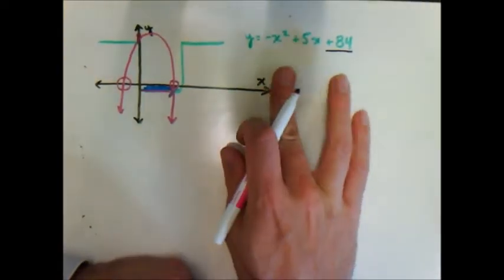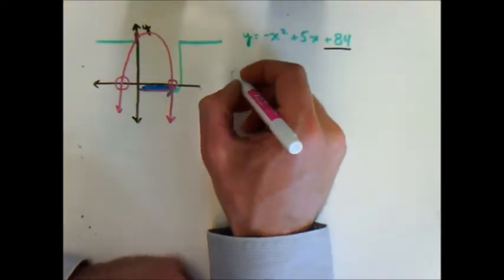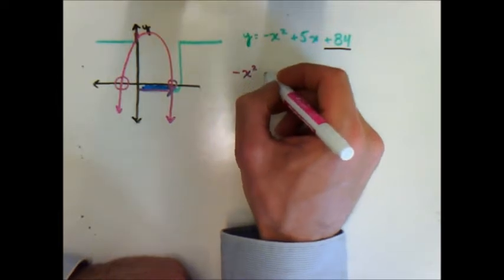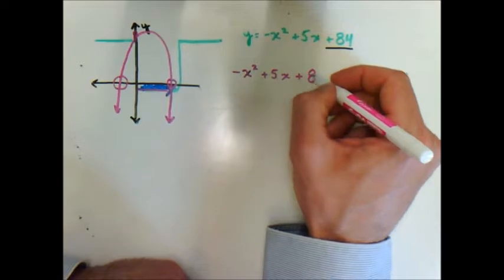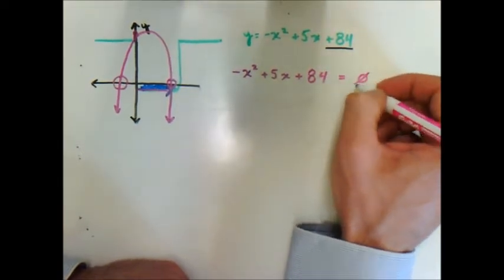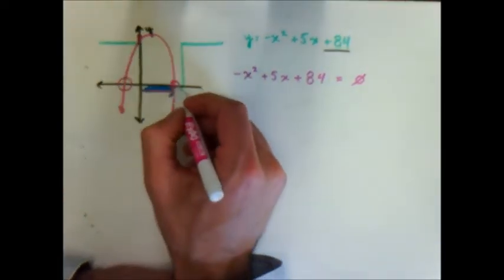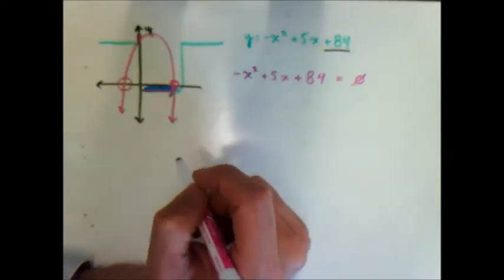So here we have our equation. We want to find out where negative x squared plus 5x plus 84 equals 0. Where is that going to equal 0? 0 is where it hits the ground, where it hits the water. Okay?